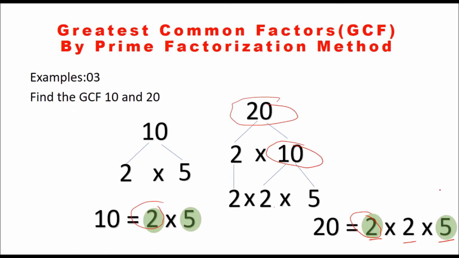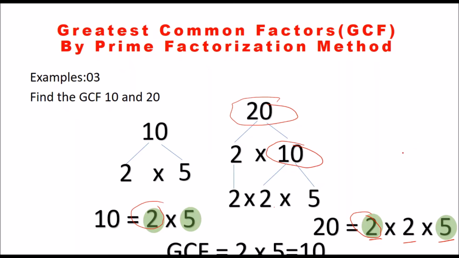Instead of taking all, I take a single digit which appeared in both, to represent a pair of that number. So the GCF is 2 times 5, which is equal to 10. That is how to find the greatest common factor using prime factorization.